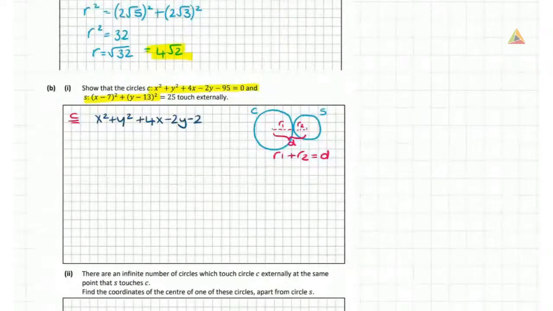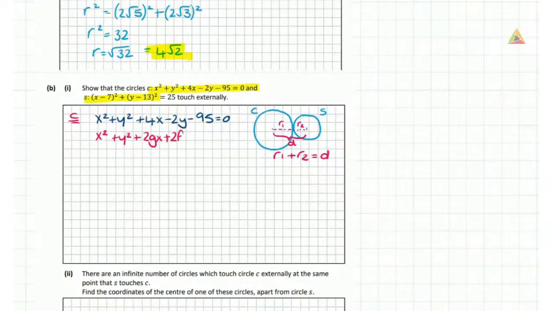It's given in, sorry, that's 95 at the end. It's given in general form. So it's given in this form if we look at our log tables on page 19. That's the form that the circle is given in. And we're looking for our centre, which is minus g, minus f.